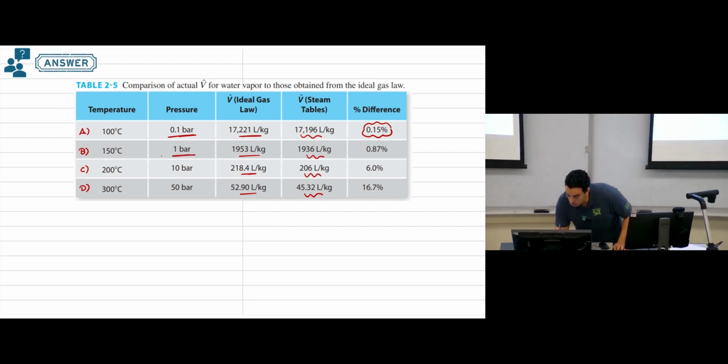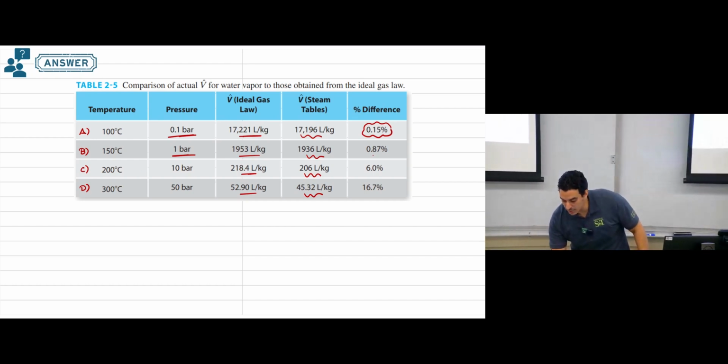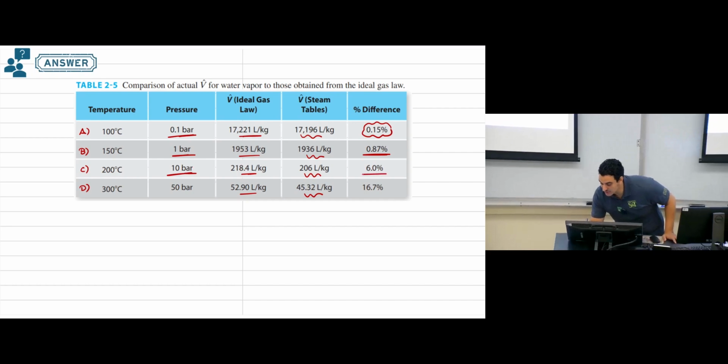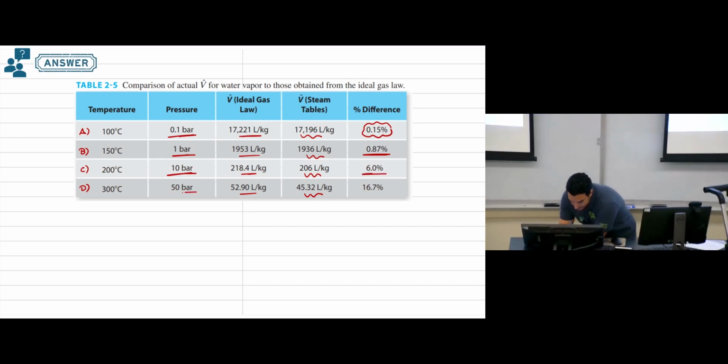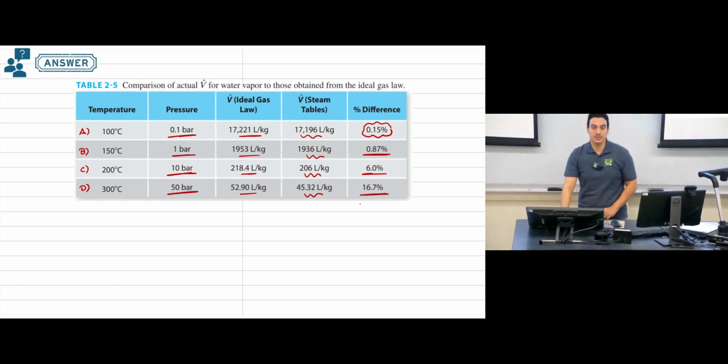At 1 bar, the difference between your calculation and the value of the steam table is still less than 1%. At 10 bar, the difference is 6%, which is still acceptable. We have a small error. But at 50 bar, at high pressure, you have a large deviation here.